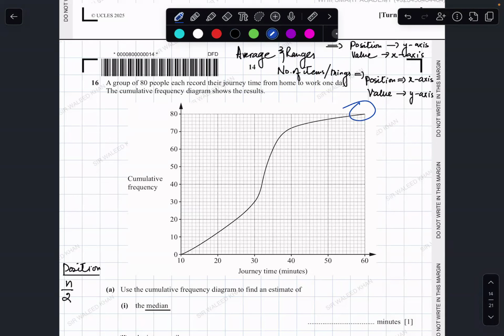N is the highest value of the cumulative frequency in a frequency table, and N is the total of all the frequencies. So this should be 80 by 2. So your position is 40. You go towards 40. That's your position. And this is your value: 32.